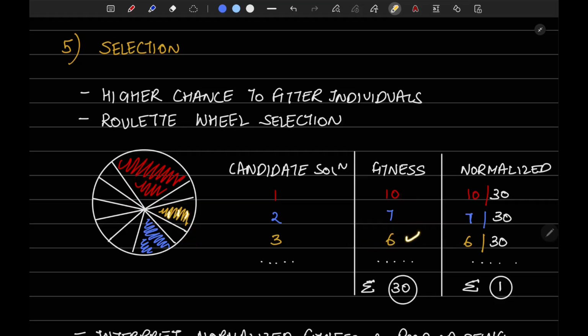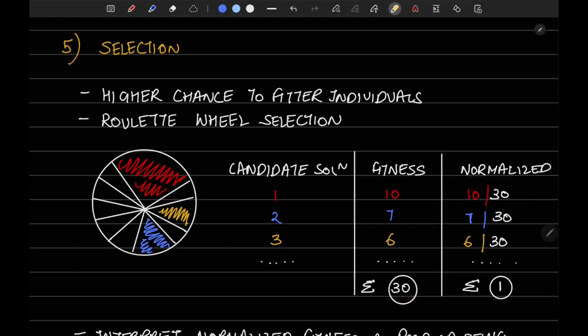In this example here, you'll see that the red solution has a much higher fitness, so it's taking up a much larger sector as compared to, say, the blue or the yellow one. Now to implement this, we can normalize the fitness values, that is dividing each solution's fitness by the total fitness of the population for that particular generation.